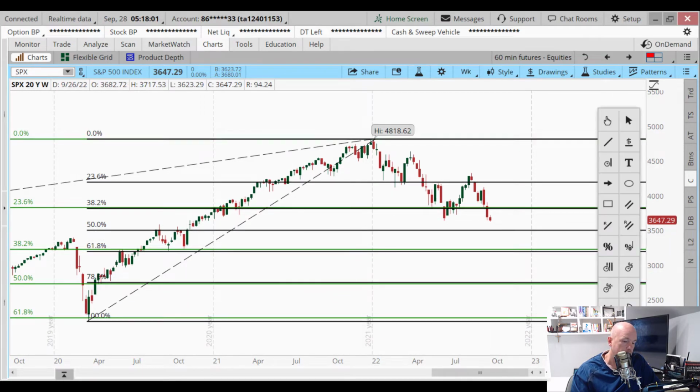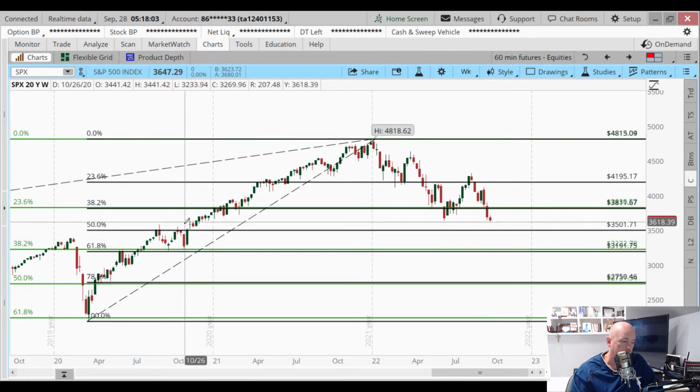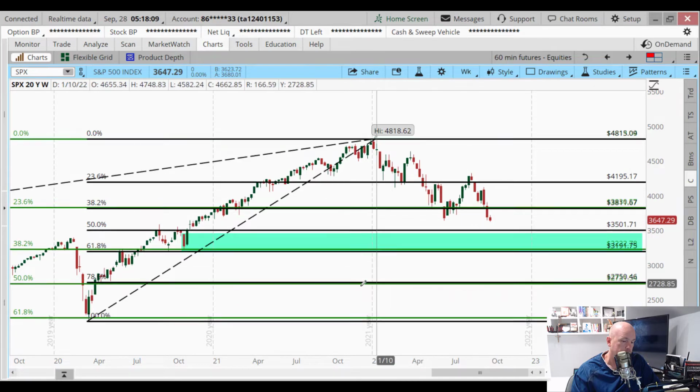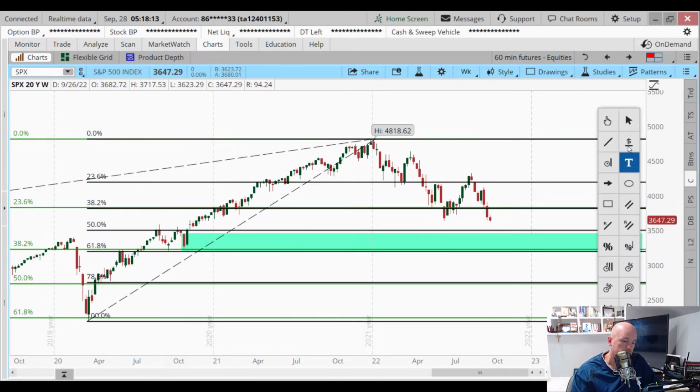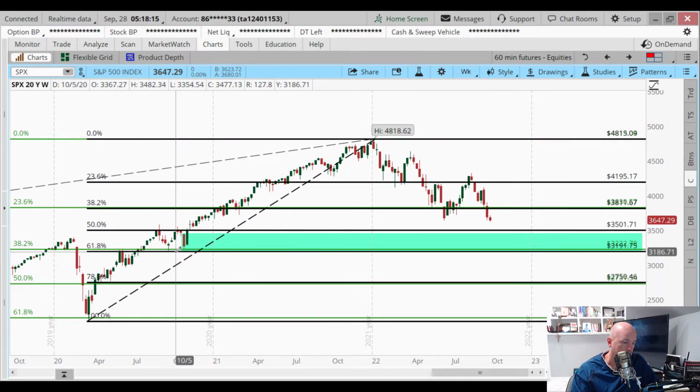And so that demand zone that was created right in there now gives me this area as a potential bounce point going forward.